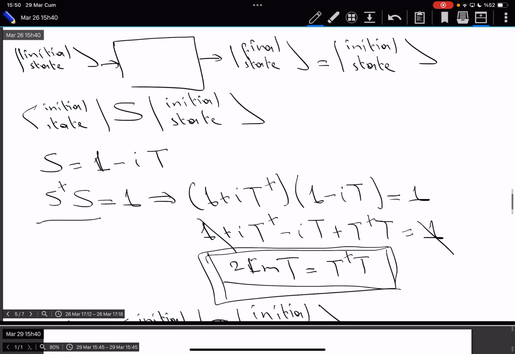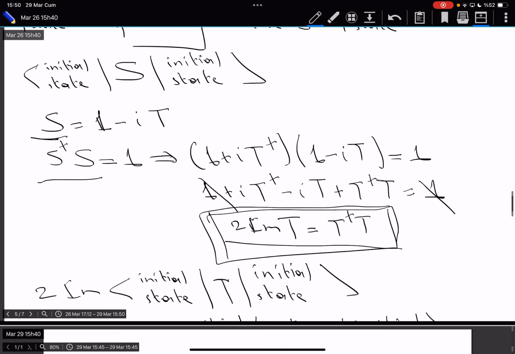The basic idea is we have this S matrix, which is the evolution operator from t equals minus infinity to plus infinity. And the T matrix is defined in terms of the S matrix. S is the identity, which describes no scattering, minus i times T, and this S matrix is unitary, which means that S dagger S is 1, and hence for the T matrix this equation is satisfied.